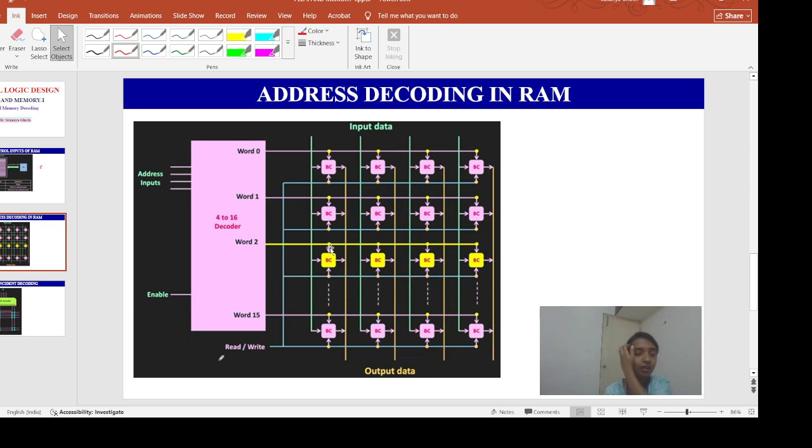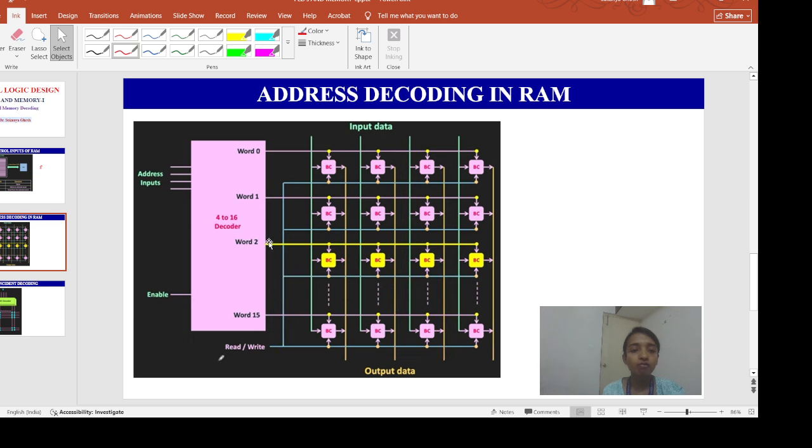Now, let's say the input of this decoder is 0010. When the enable signal is applied, the decoder will select the second word, because I have applied 0010.